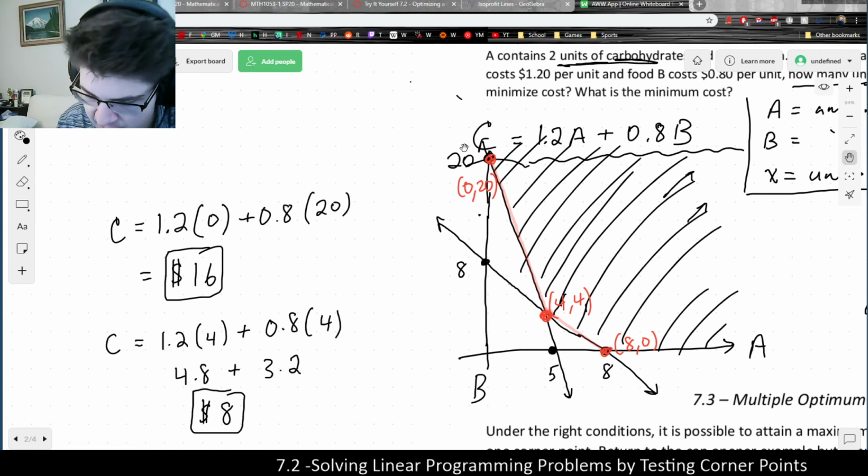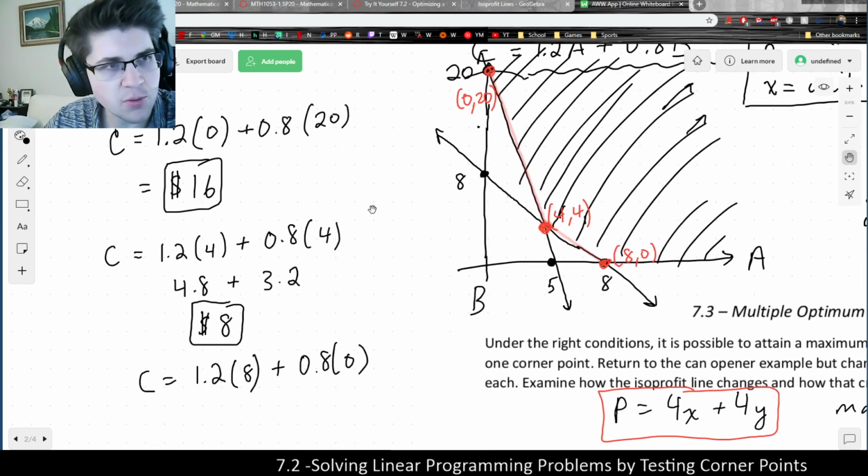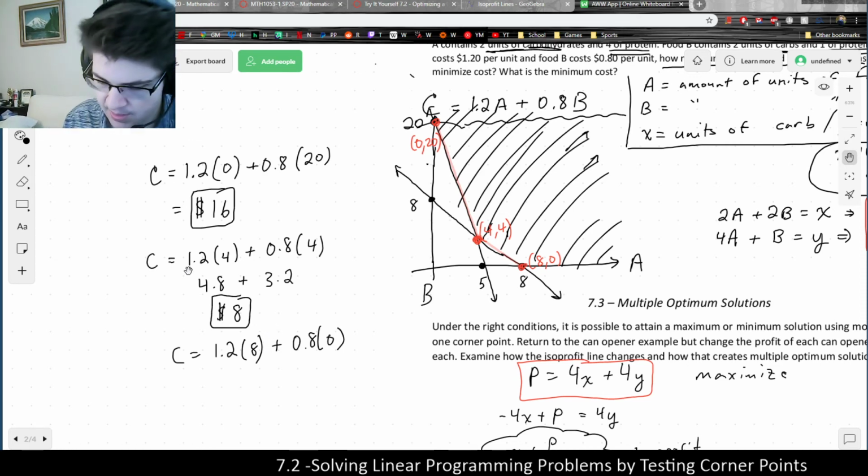And then I could check the cost of the third corner point, 8, 0. So that would suggest that I'm going to buy 8 units of the first food and 0 units of the second food. And the cost of that, since it's $1.20 per unit of food A, would be 1.2 times 8, which should be, 4.8 times 2 is 9.6, $9.60.